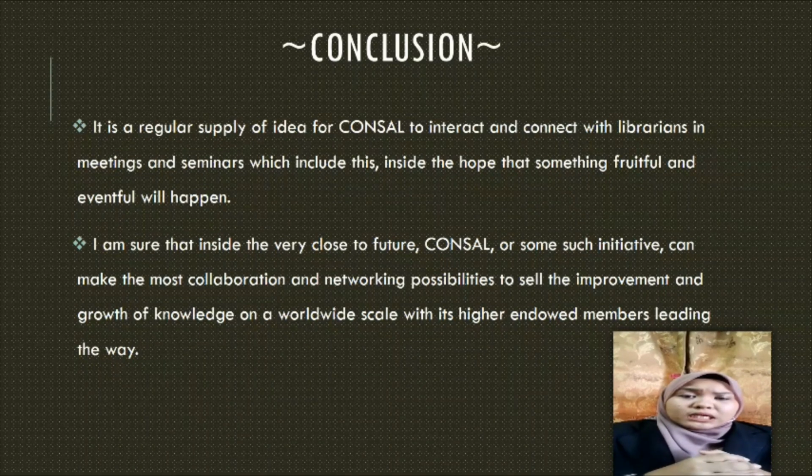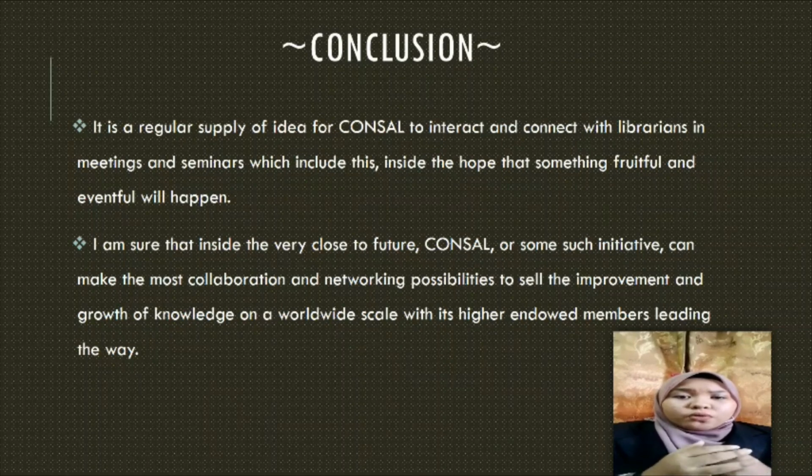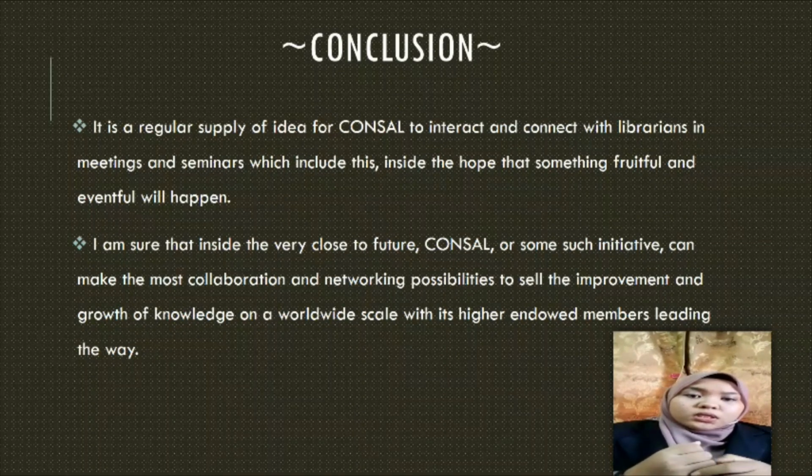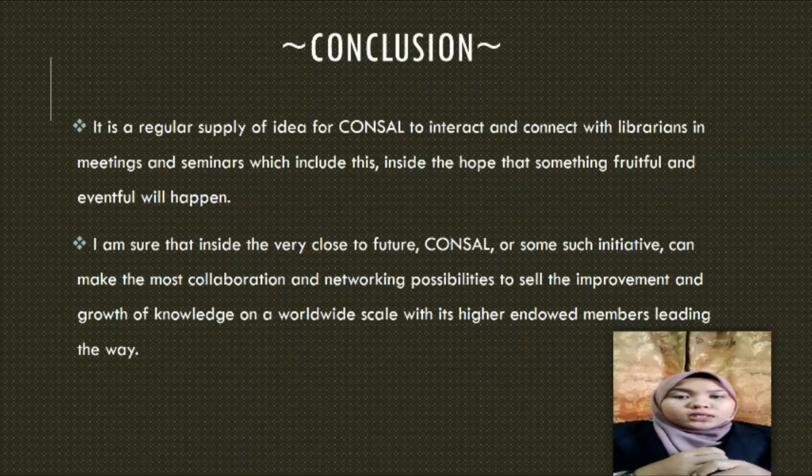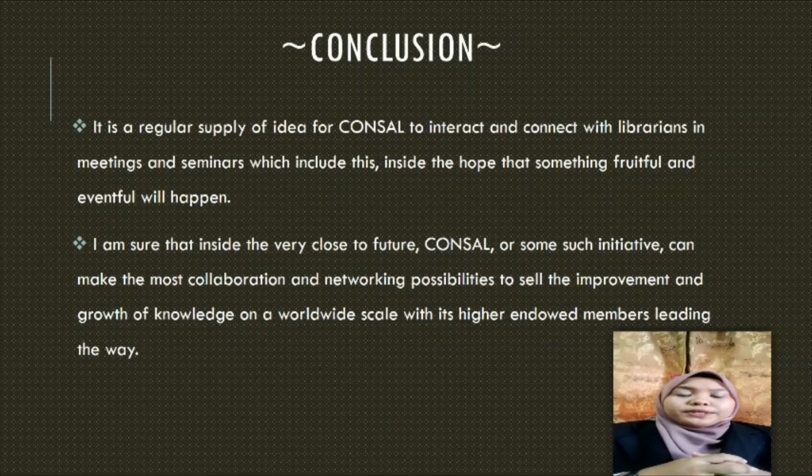But eventually, unfortunately, the council was closed, so it did not achieve its vision. So this is how it happened, and that's all from me.